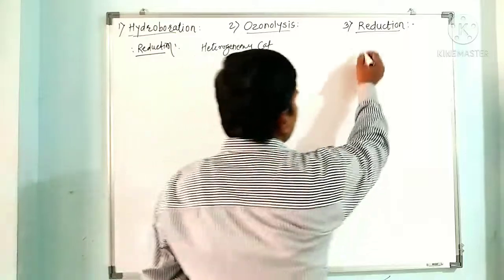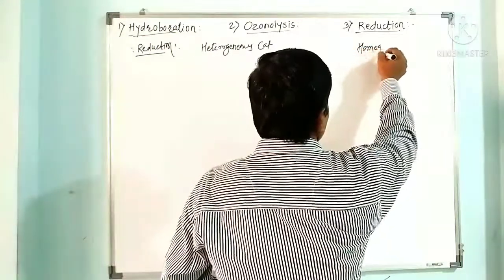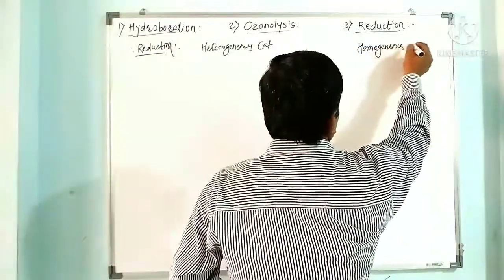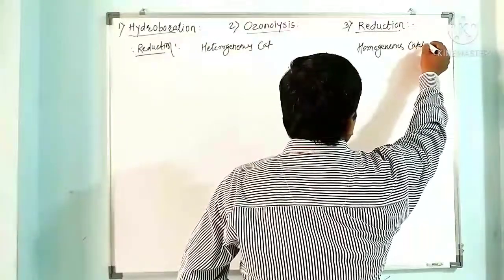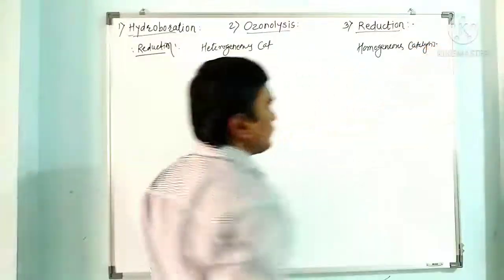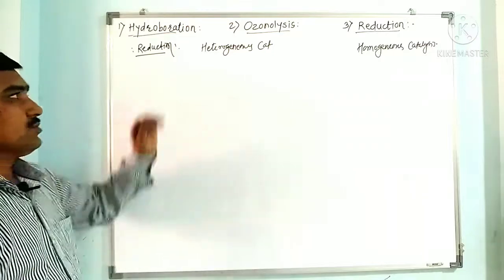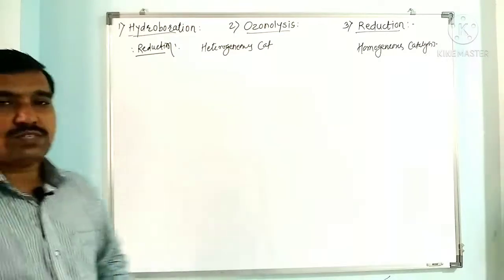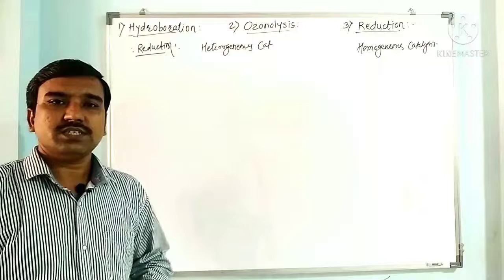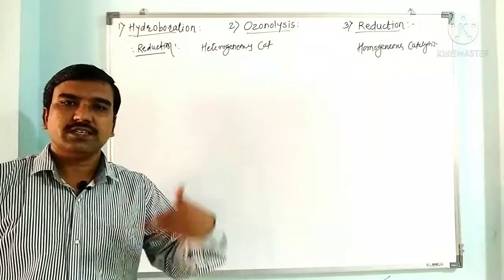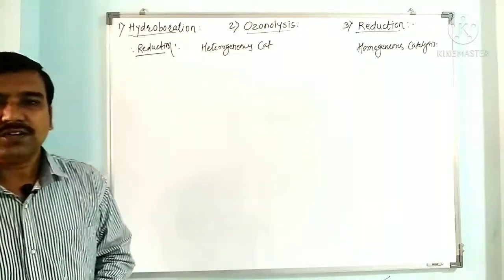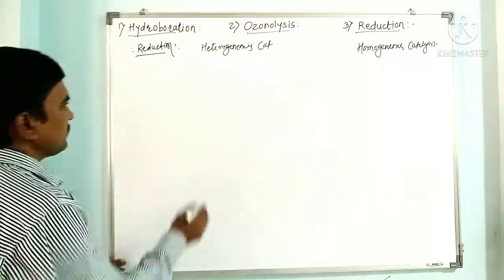And second, we may have homogeneous catalysis or homogeneous catalyst. So when the alkene reacts with hydrogen molecule, it undergoes hydrogenation in presence of nickel, platinum or palladium catalyst and gives alkanes as a product.